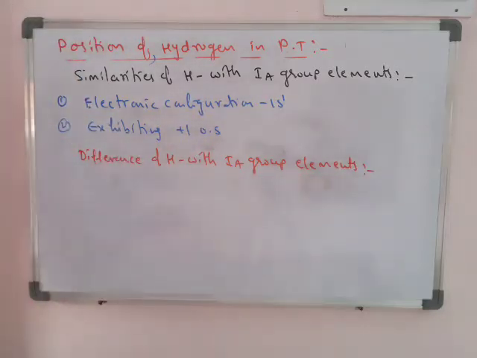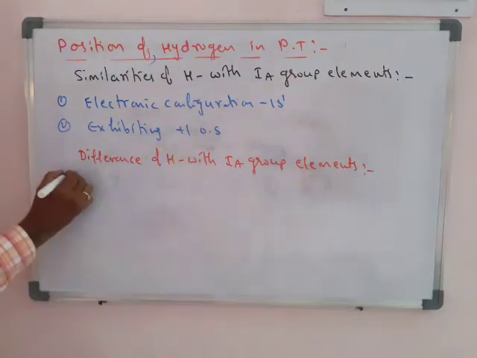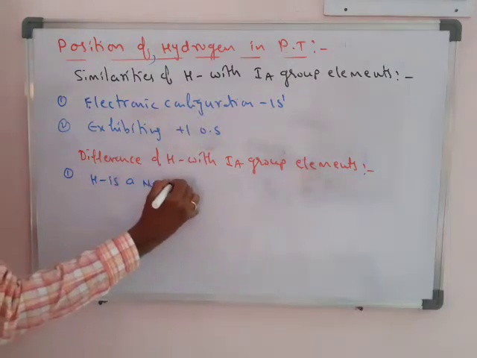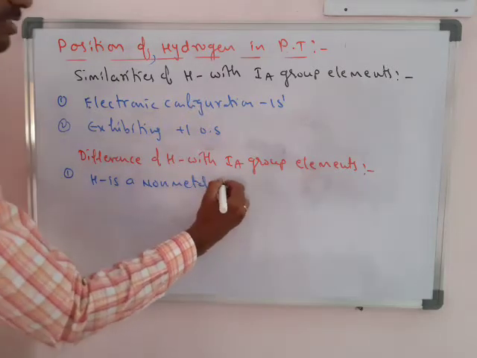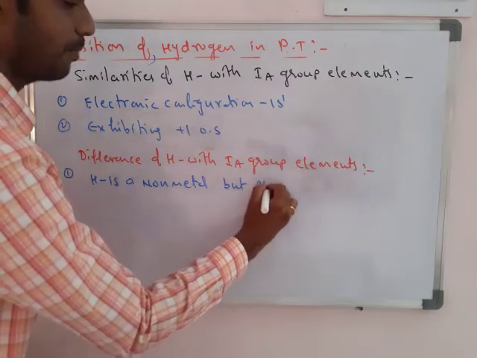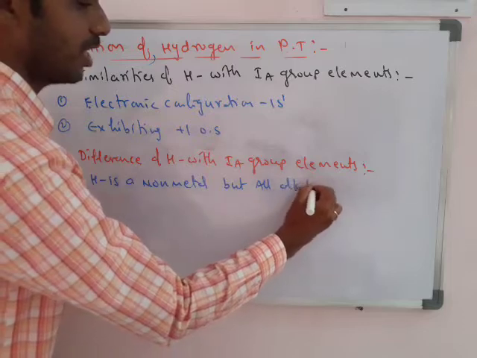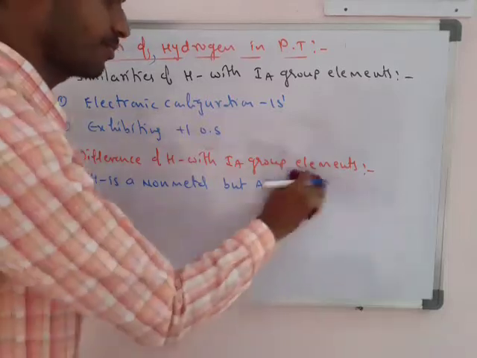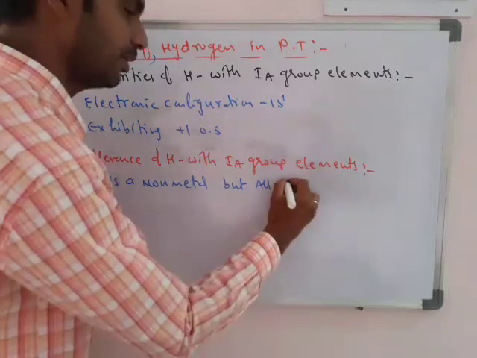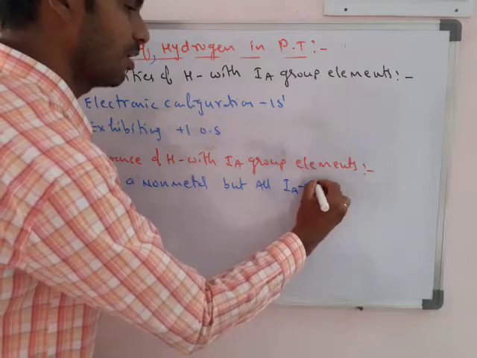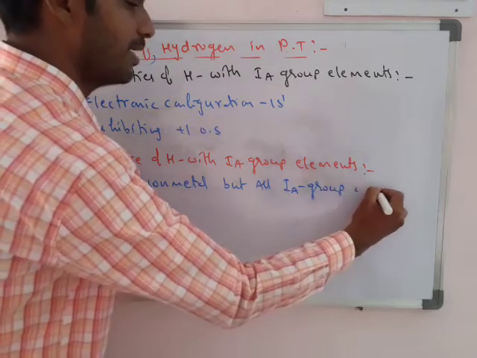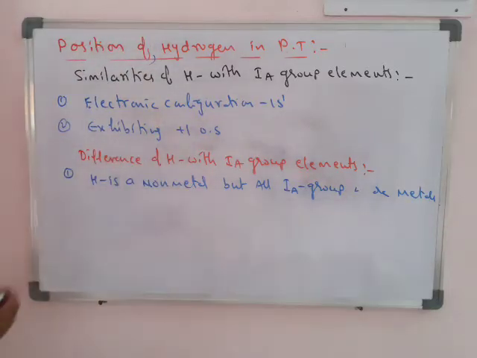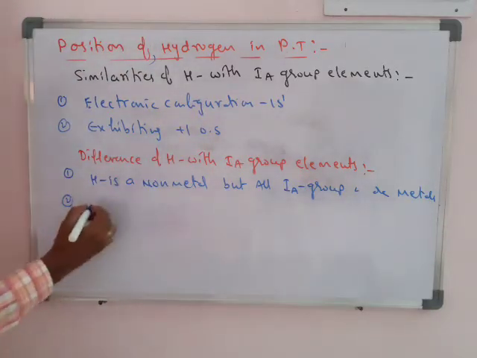The main difference is that hydrogen is a non-metal, but all other alkali metals, alkali metals meaning 1A group, all 1A group elements are metals. They are perfect metals.